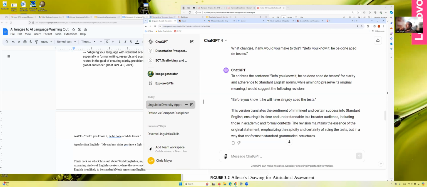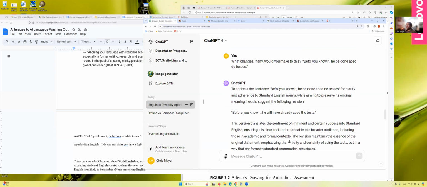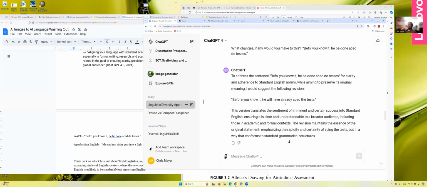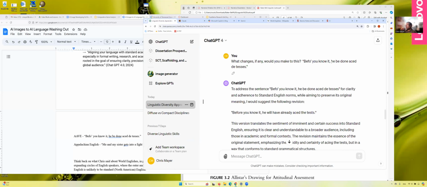And there are some things that are sort of messed up in there because these dialects have grammatical rules that are consistent, right? They have their own grammars. Just as one example, and I'm not an expert on this at all, that habitual be is consistently and systematically used in Black English.